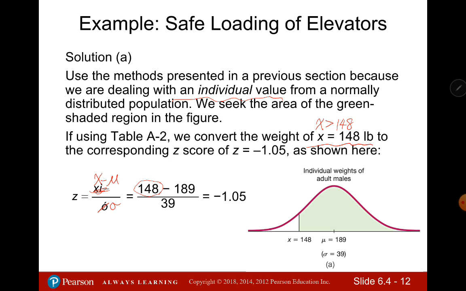The mu, we get it from the problem. It's 189 divided by the standard deviation. We will get a negative. So it's possible to get a negative z-score. Because you see, the mean is right in the middle, and our x value here is smaller than the mu, smaller than the mean. Then the z-score will be a negative number.